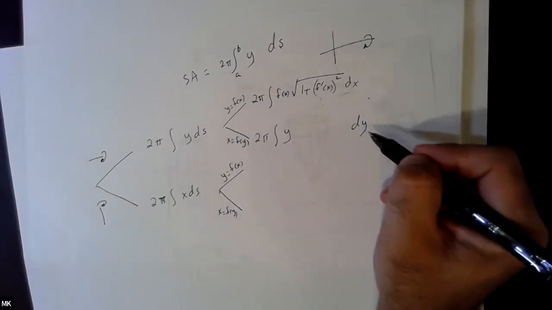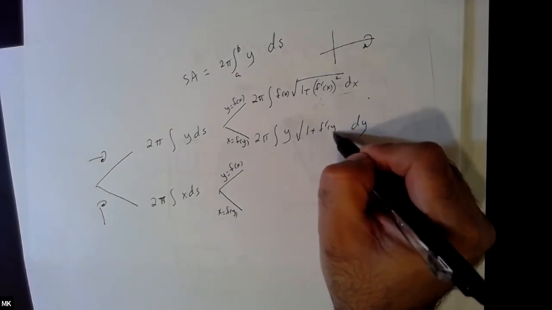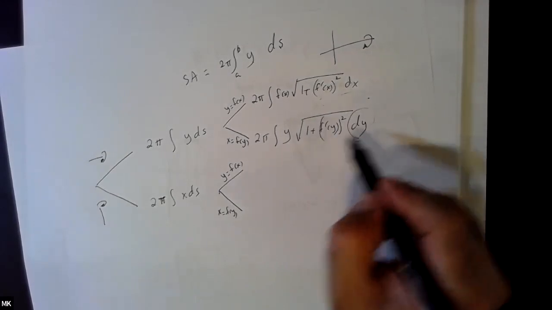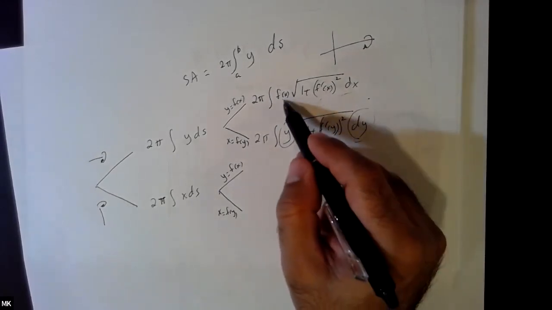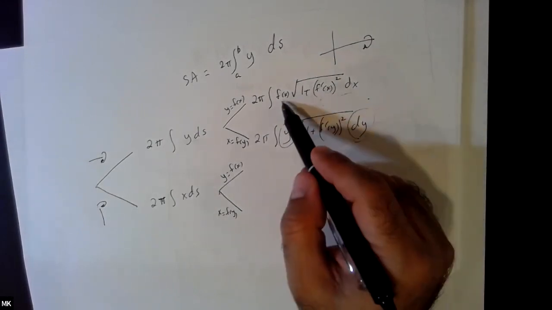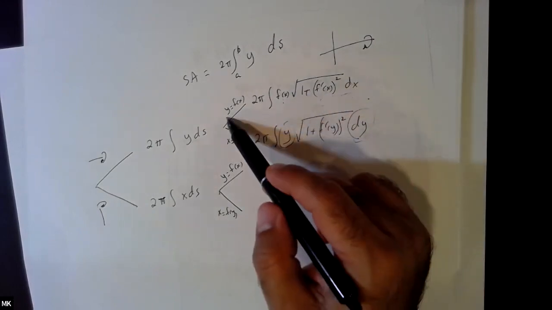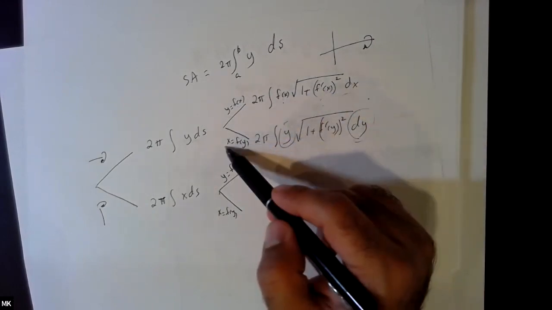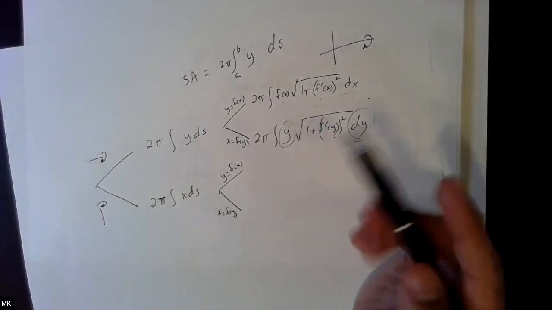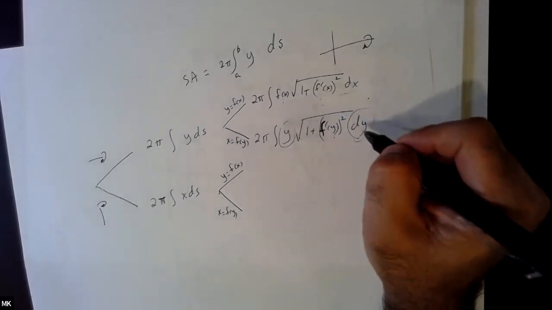Your integral is going to be y dy, and your arc length would be square root of 1 plus f prime of y squared dy. So since you're going to have a dy, you leave this as y and don't convert it to f(x). If this was a dx, you leave it as f(x). And again, whether it's dx or dy depends on whether y is a function of x or x is a function of y. That's what determines what form of ds you use.